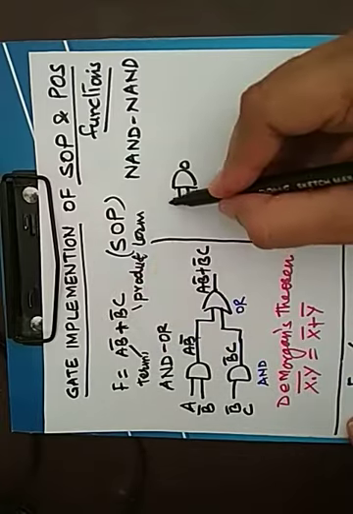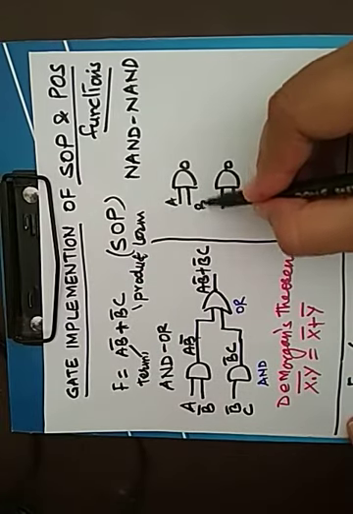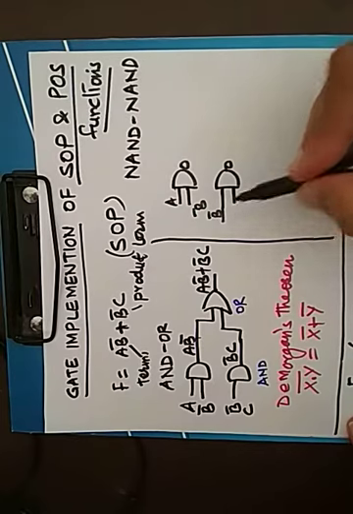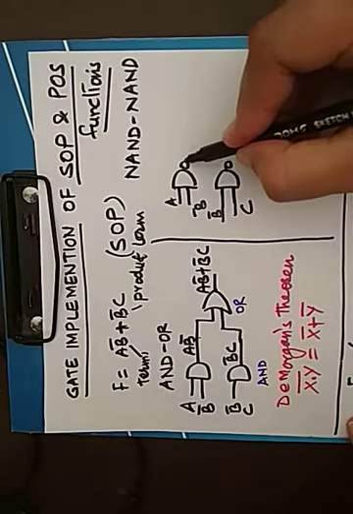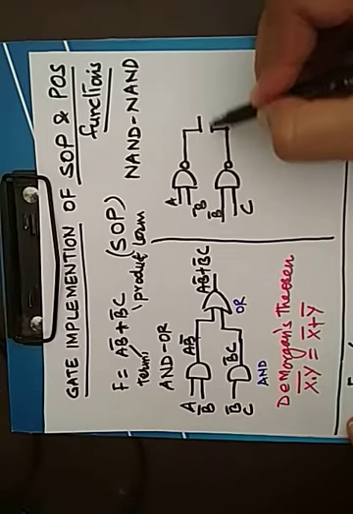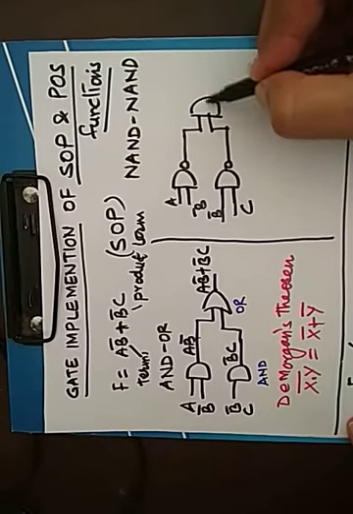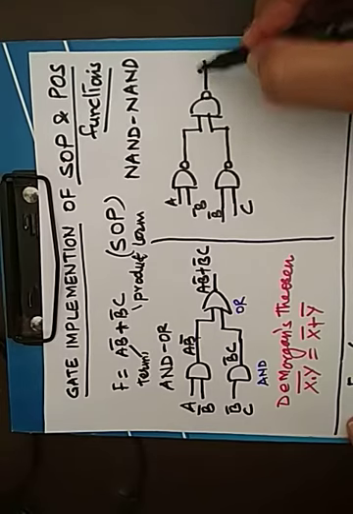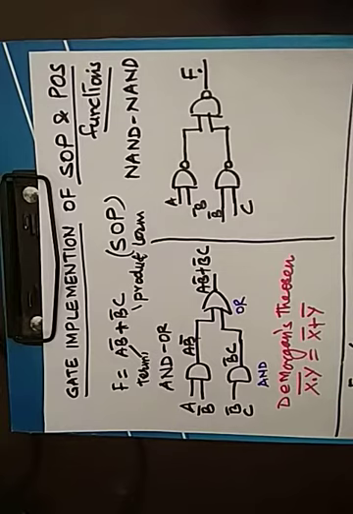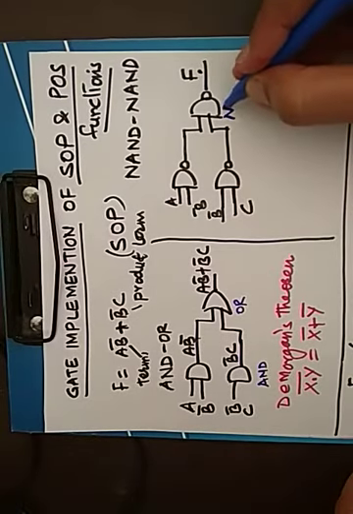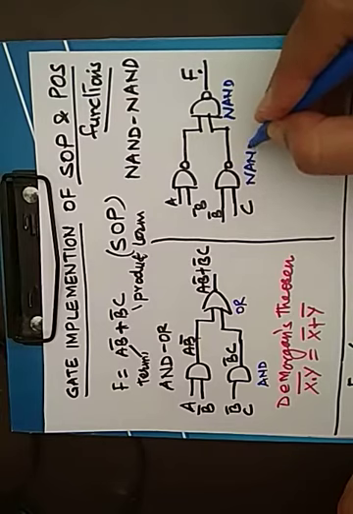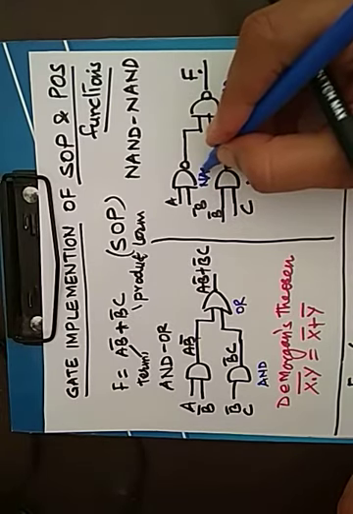A, B bar, and B bar, C. Followed by another NAND gate, which will give the answer, your required function f. All these three gates are NANDs.